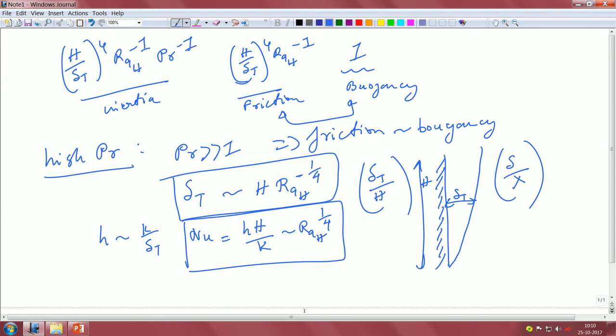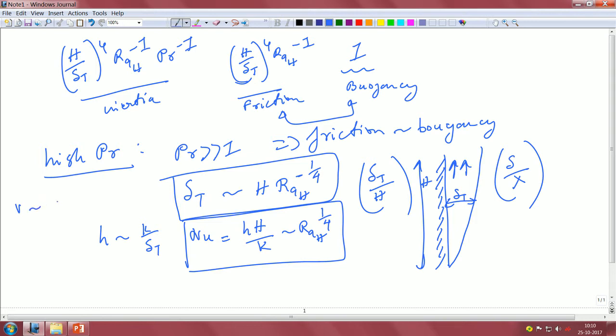Now, the problem does not really end here. The problem is a little bit more complicated than this. Before we go into that, let us also calculate what is going to be your V, that means the velocity scale that is imposed by this temperature gradient.